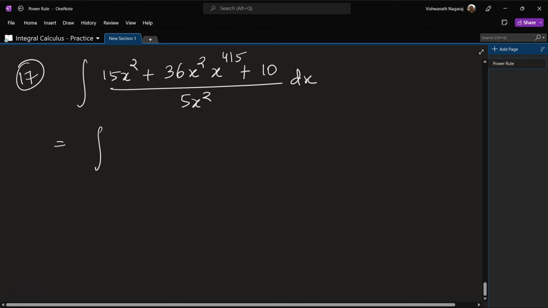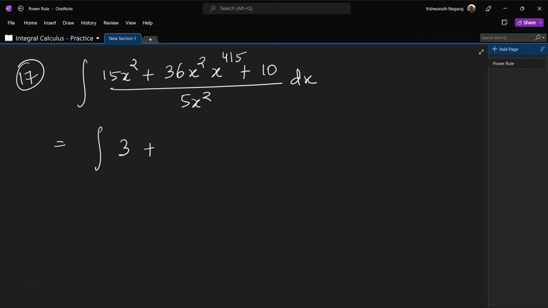We get 15x square by 5x square, we get 3 plus x square cancels. So 36 by 5 x to the power of 4 by 5 plus 10 by 5 x to the power of minus 2 dx. Now let's integrate it.